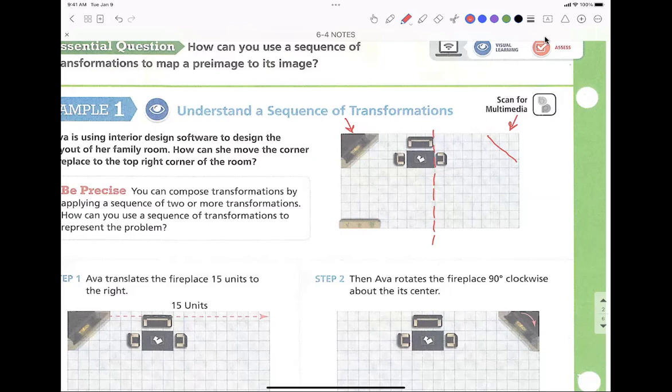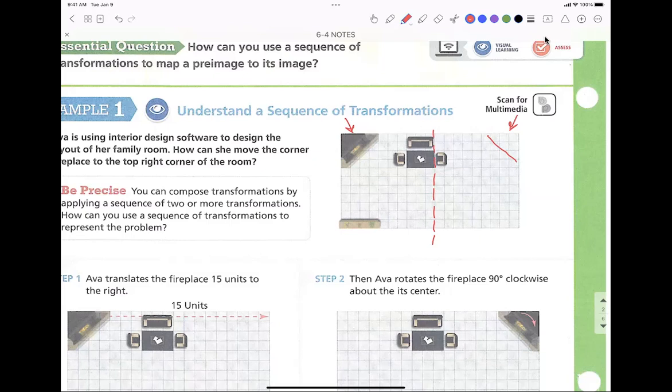First, Ava translates the fireplace 15 units to the right until it's in the top right corner of the room. Then, she rotates the fireplace 90 degrees clockwise around its center. Now, it's in the proper position in the room.